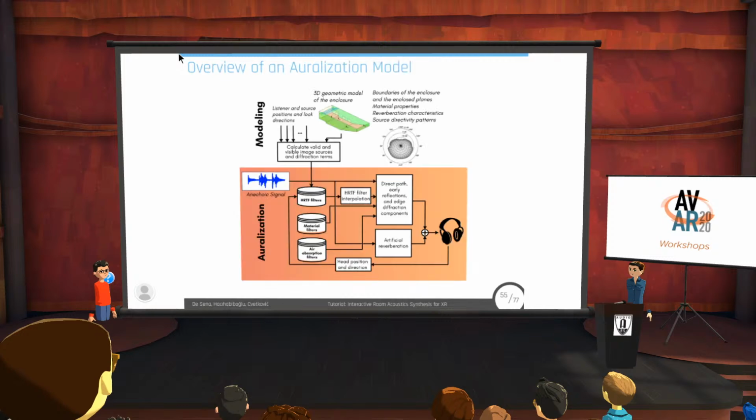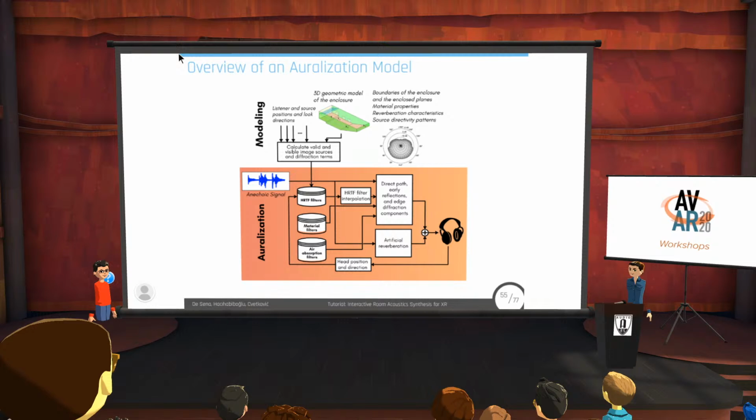The figure in this slide shows the generic approach taken by many binaural auralization systems. The model combines all the necessary building blocks for auralizing an anechoic sound signal in a room. You see that the upper part is related to modeling and the lower part is related to auralization. Reverberation is typically a separate process which has to be retrofitted to the simulation.